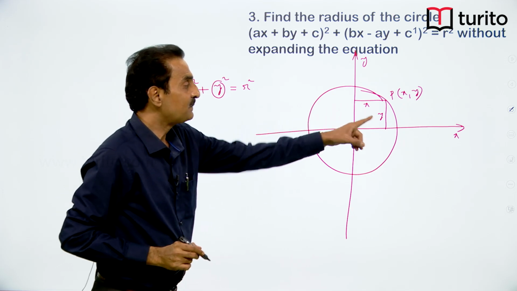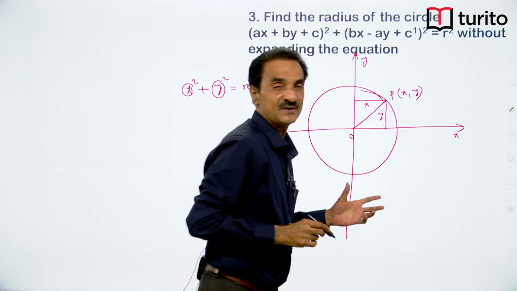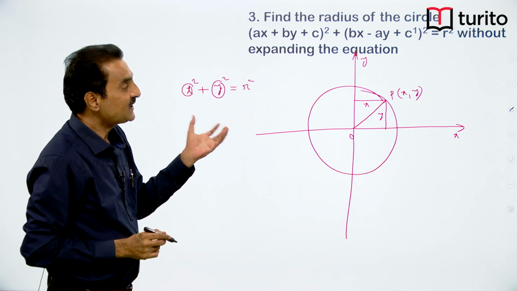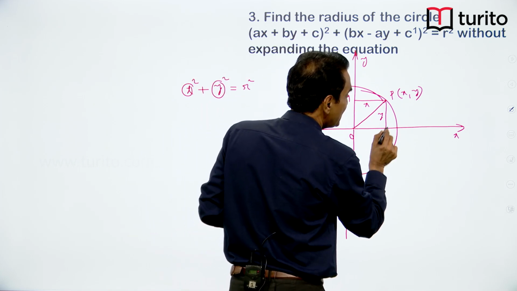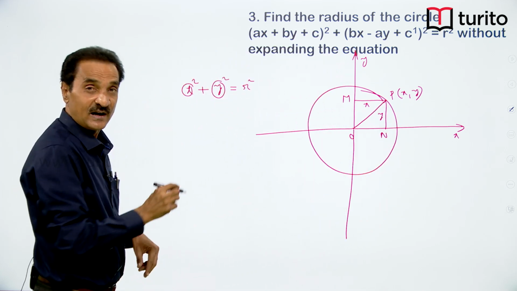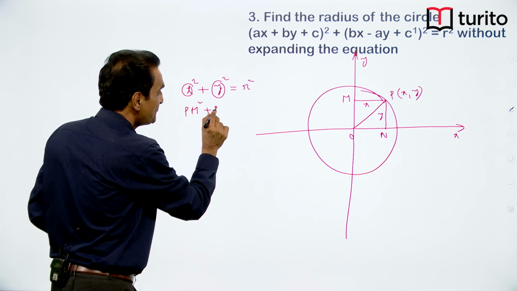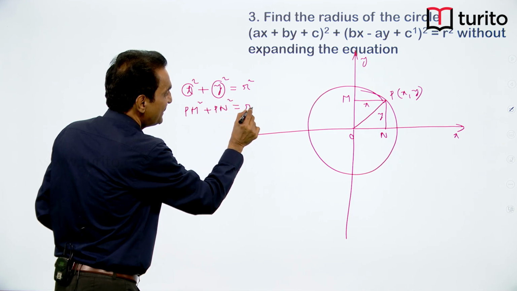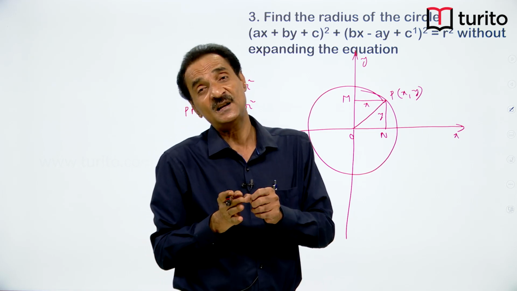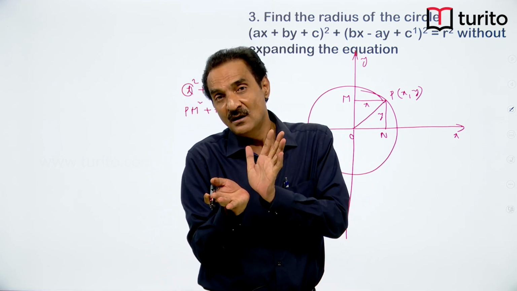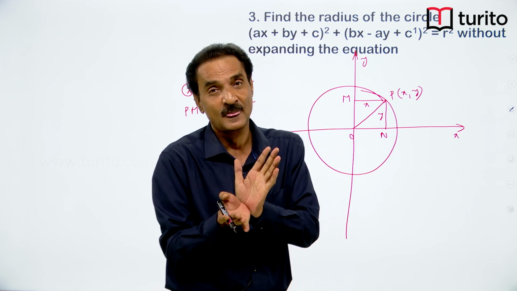So, x square plus y square is equal to r square, which is the square of the radius. Now, if you understand geometrically, if this is Pm, this is Pn, you can understand the equation as Pm square plus Pn square is equal to r square, where Pm and Pn are perpendiculars from P on two perpendicular diameters, need not be x axis and y axis.